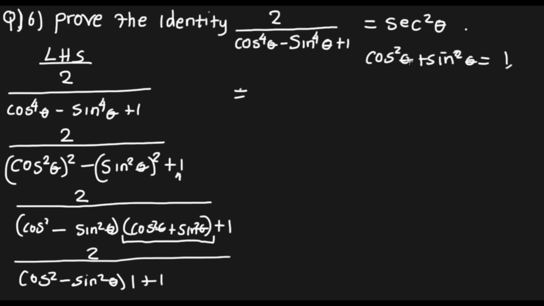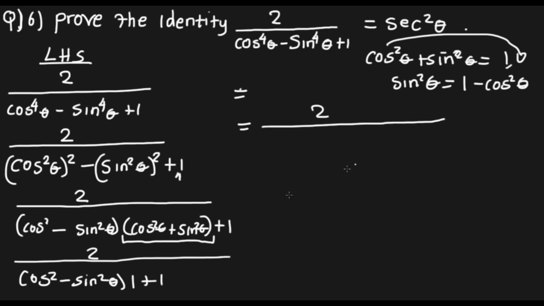Now, from the same identity, we can make sine the subject so that we get rid of the sine from the denominator part. So I'm going to shift cos to the right side, giving me sine squared is equal to 1 minus cos squared. So at this point, this is what I'm going to substitute where there is sine.